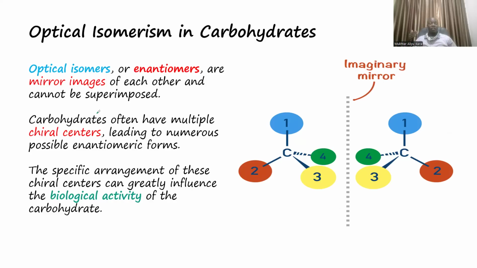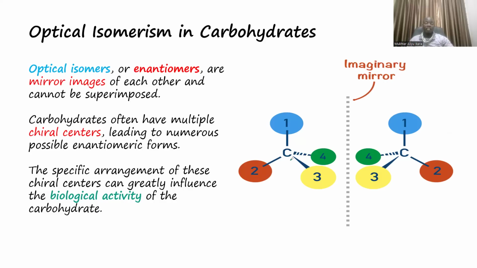The specific arrangement of these chiral centers can greatly influence the biological activities of carbohydrates. For example, we humans don't even metabolize L-glucose. The enzymes in our body can only catalyze D-glucose. That is why these optical isomers play an important role in the biological activities of carbohydrates in living organisms.